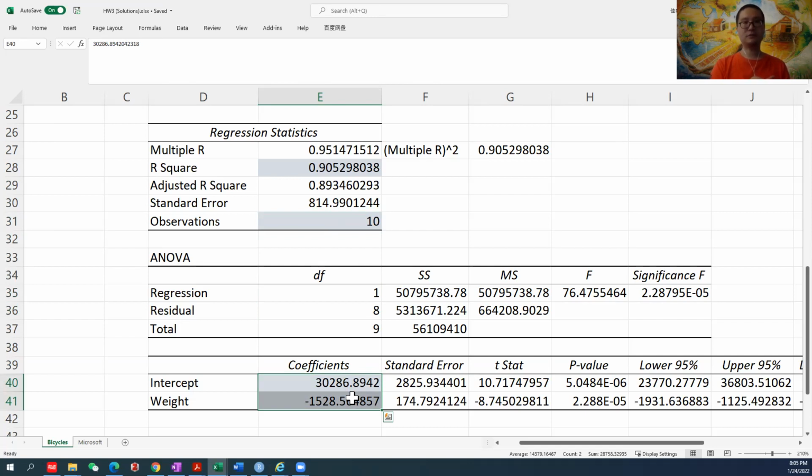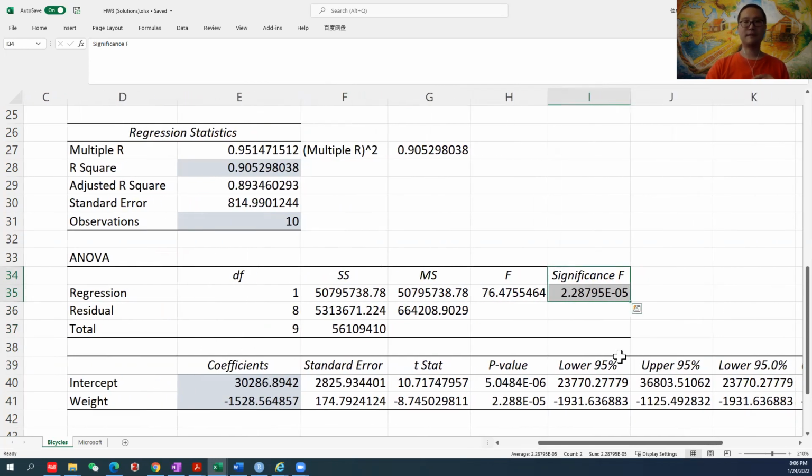So if we take 2 out of 10, then that's why we had residues here. And this total will always be observations minus 1. And we will learn about these sum of squares, mean sum of squares, and F statistic, and the p-value of F, which is referred to as significance F here, later.